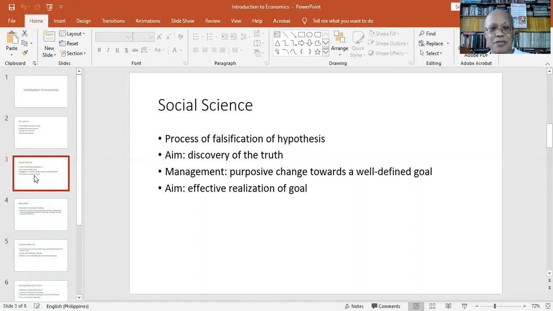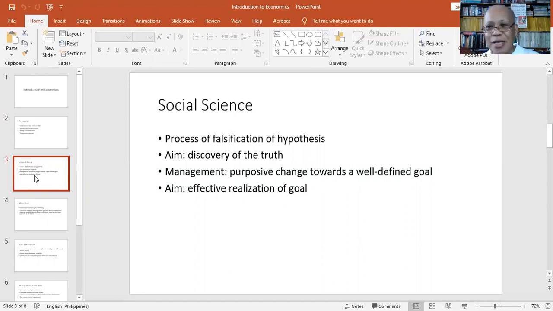Okay? This will be very different if you want to write a paper that is managerial in nature, because a management paper, or a paper that is involved in the formulation of policy, aims at purposely changing towards a well-defined goal, such as being able to raise company profitability, being able to raise labor productivity, or, if you are in government, being able to raise overall employment and reduce poverty and the like.